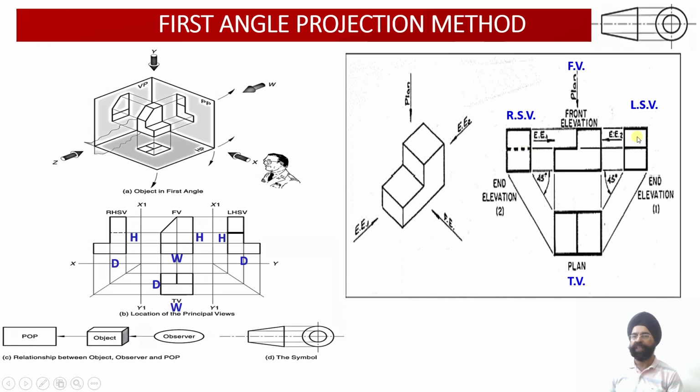Now please see the difference between left side view and the right side view of this solid. Whenever the observer is going to look at this particular solid from the left side, so this face the observer will be able to see, this face the observer will be able to see. So two rectangles, they are available on the left hand side view which is drawn on the right hand side.